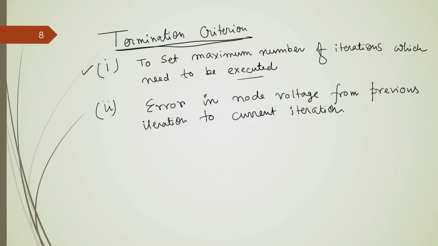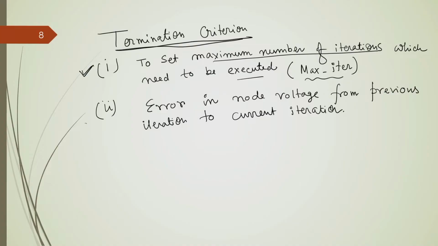Let us consider the maximum number of iterations as max iter, and we can set a particular value, let us say 50 or 100 or 1000, whatever it is. Now, if you use the maximum number of iterations as the sole termination criterion, then if we get convergence much before that, we unnecessarily need to continue.